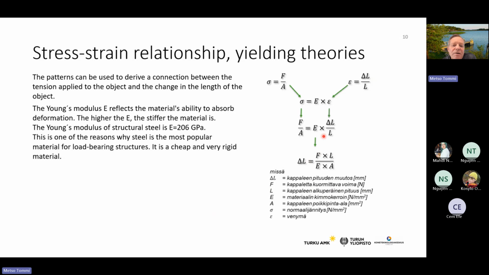Then we can calculate the delta L. So this value is the lengthening deformation of the piece when we put some kind of force on the piece. So this is a very useful formula to use when calculating deformations.